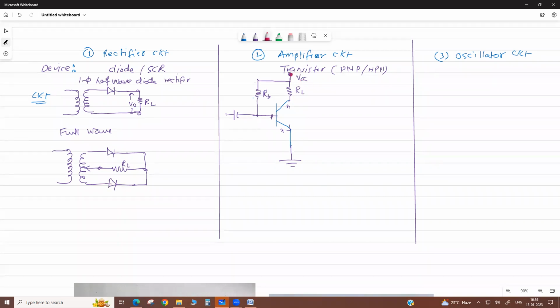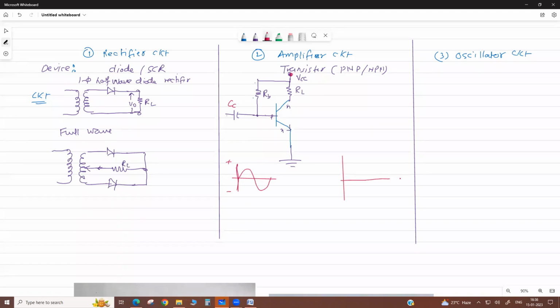Here we apply VCC and the input signal. This is the coupling capacitor, these are the biasing resistance and the load resistance. Across this we measure the output. Here the input is this much, plus and minus. Now it amplifies this, and we get a high output.